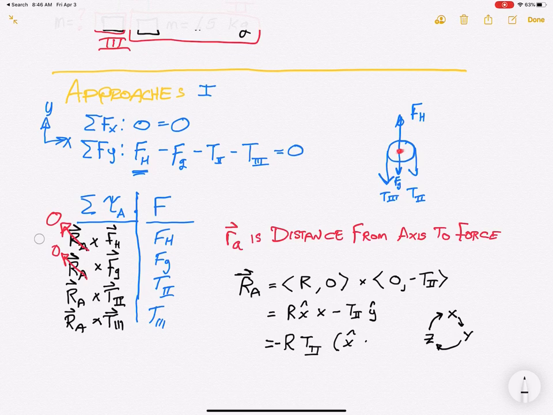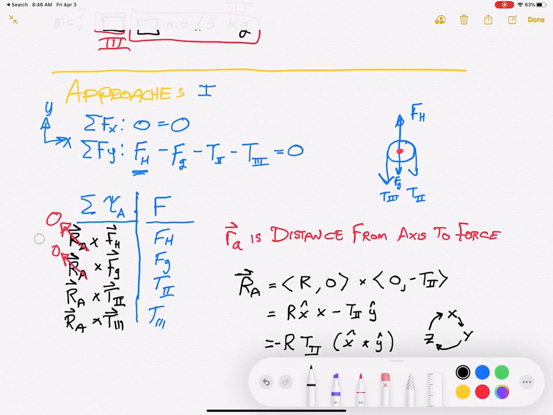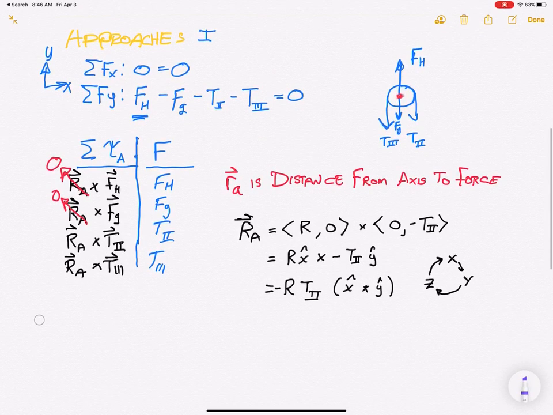So x hat crossed into y hat. And if we follow our pattern, I start at x, I move to y, and then the result is z.